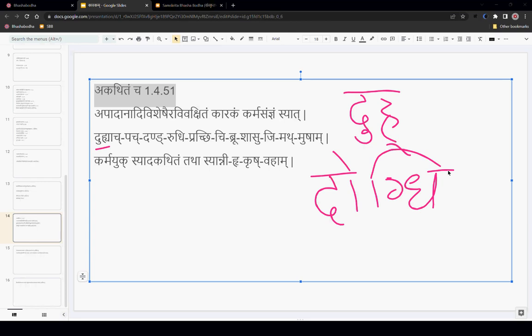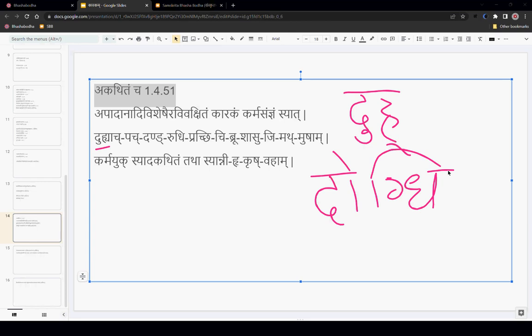So Gopalaha kshiram dogdhi. From what? From what is the second question, right? From the cow. So now you put the cow in what karaka? Normally? Panchami. Karaka, not vibhakti. Karaka. Let us see.